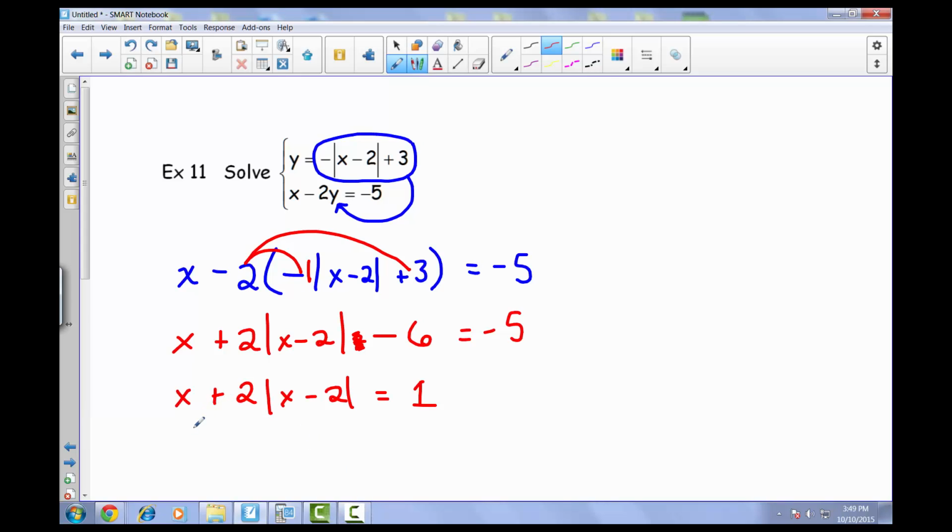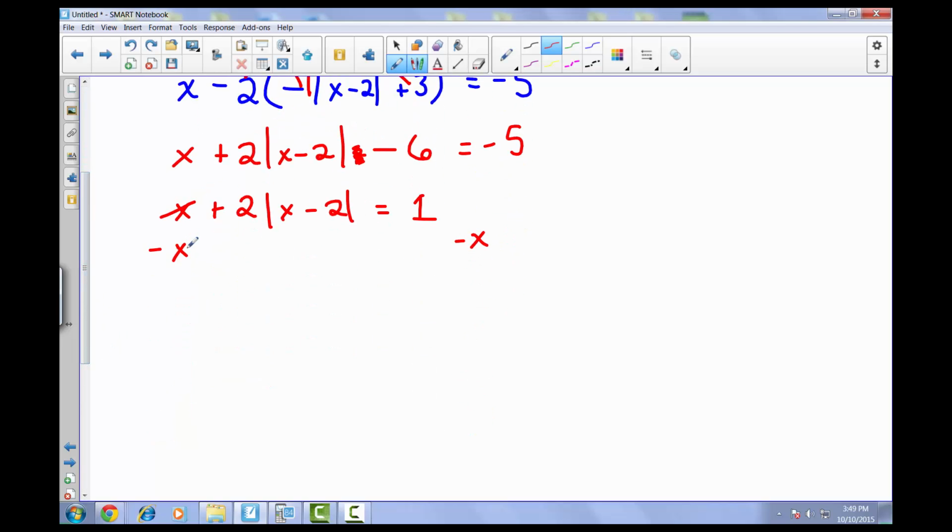What we're going to do is subtract this x over from both sides. So on the left, they cancel out, leaving us with 2 absolute value of x minus 2 is equal to negative x plus 1.